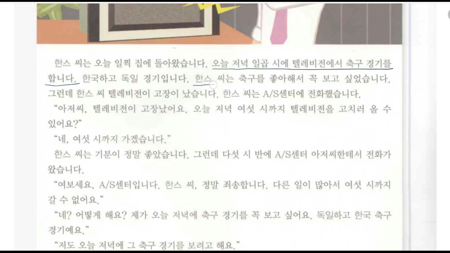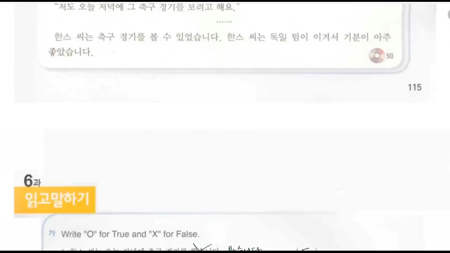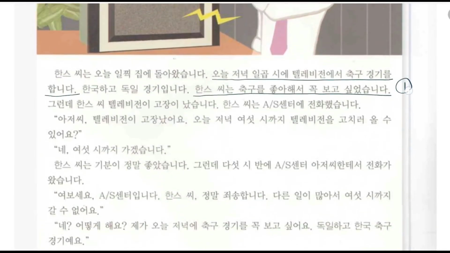And you can add this bit as well. 한스 씨는 축구 경기를 좋아해서 꼭 보고 싶었습니다. Okay? This is the answer for number 1.